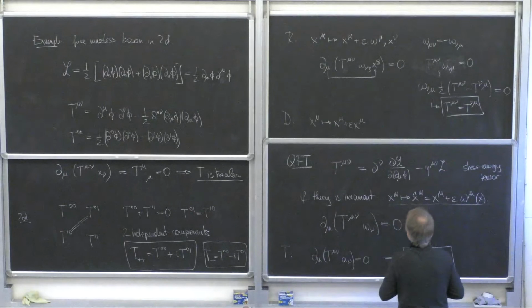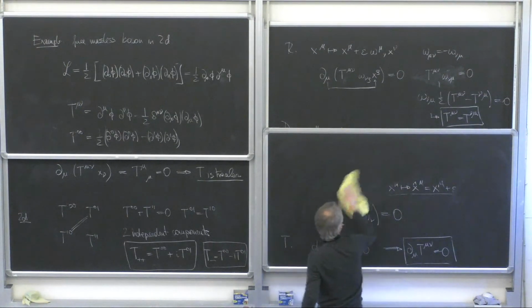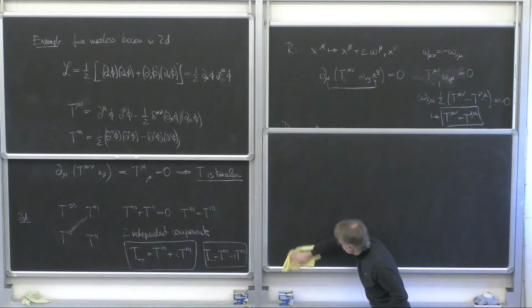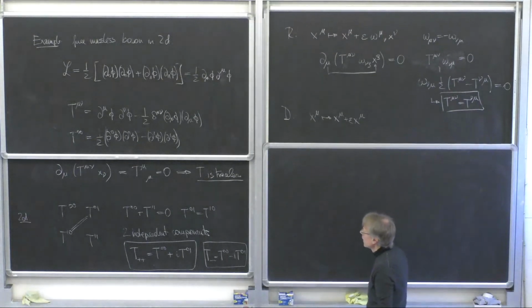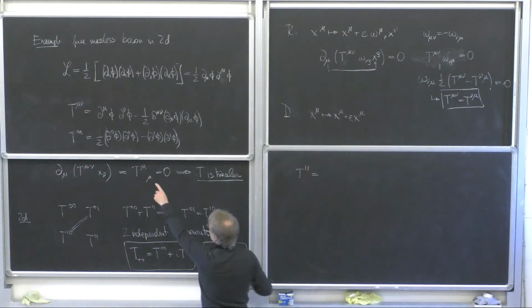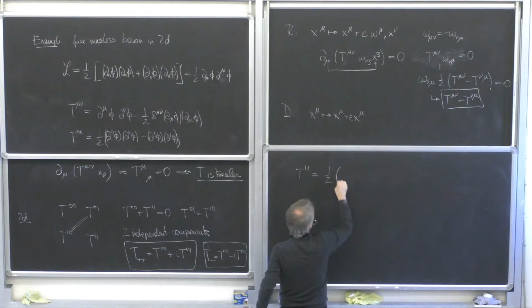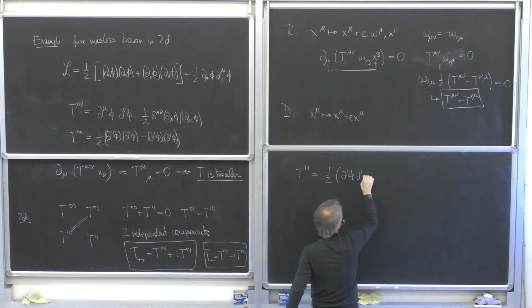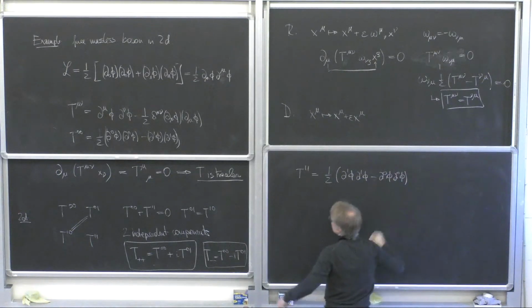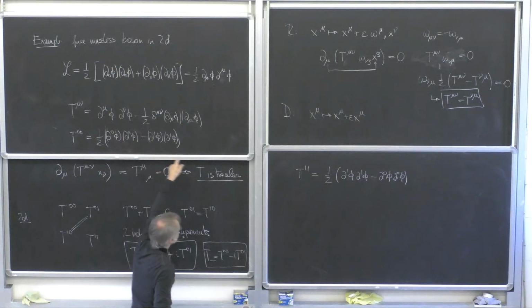The T11 component is d1 phi squared minus a half times the same thing, so this will just be a half times d1 phi squared minus d0 phi squared.